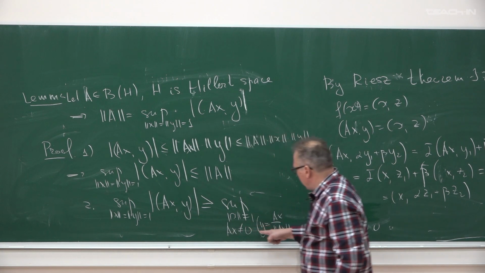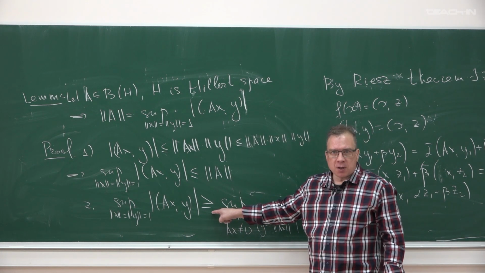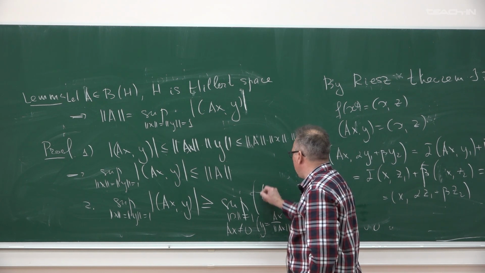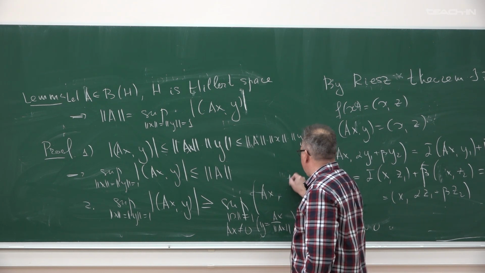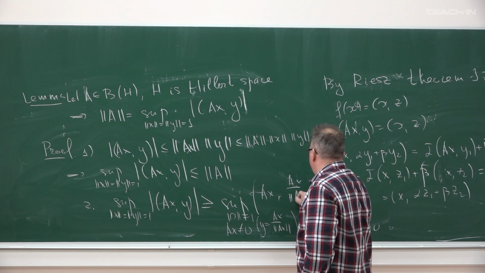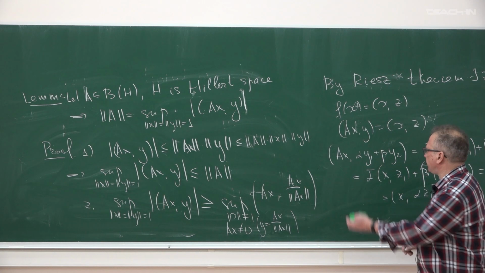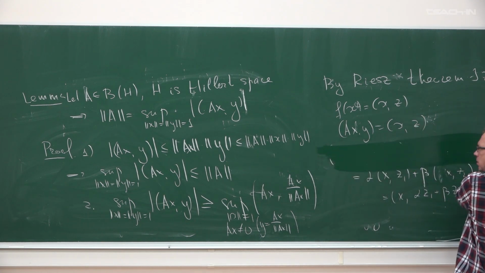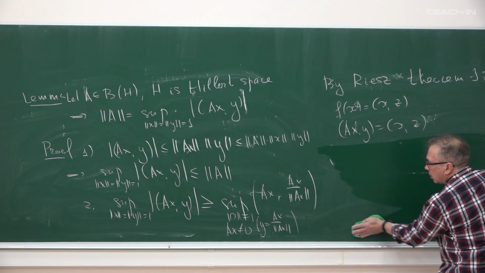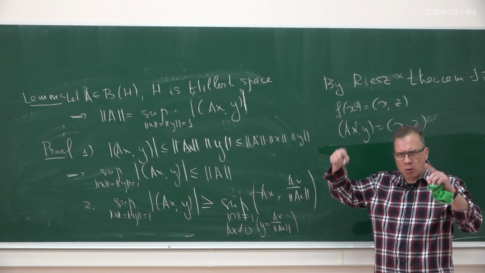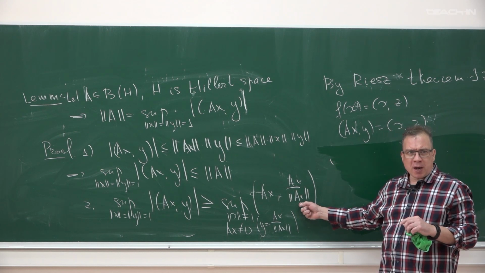And of course, if I take only such y's, we have this inequality. And put y as Ax divided by the norm of Ax. What remains from this scalar product? (Ax, Ax) is the norm of Ax squared, and we divide by the norm of Ax.